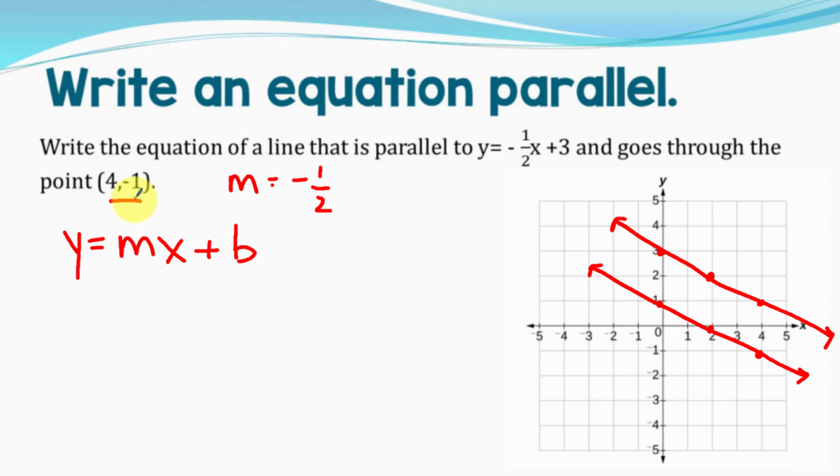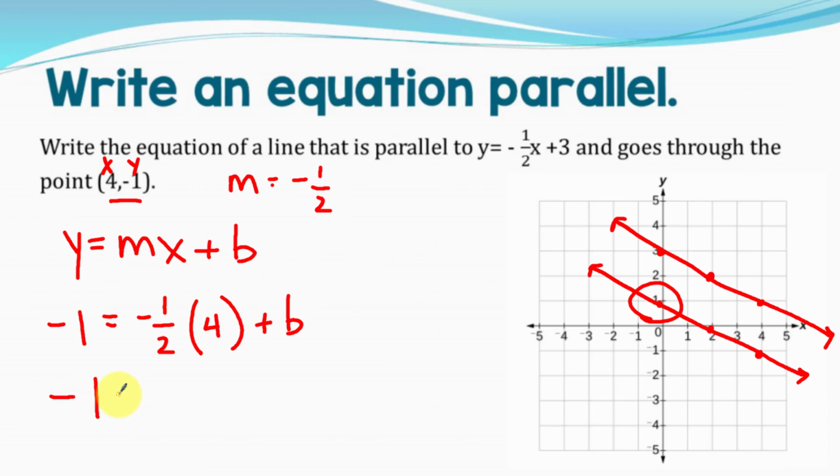So I'm going to plug in these coordinates. This is x, y. I'm going to plug in negative 1, put in the slope that I have, put in the x value that I know, and I need to solve for the missing y-intercept. I want to see where this is going to hit the y-axis.